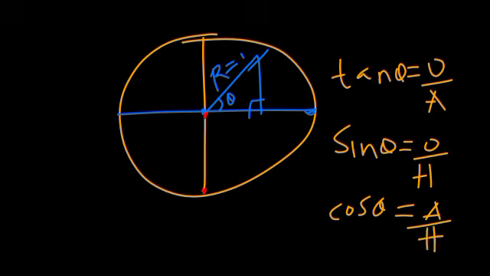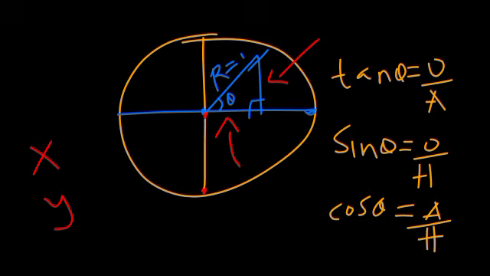Now let us see on the unit circle, those sides of a right angle triangle are going to be represented by letters, either x or y, depending on where a particular side lies.